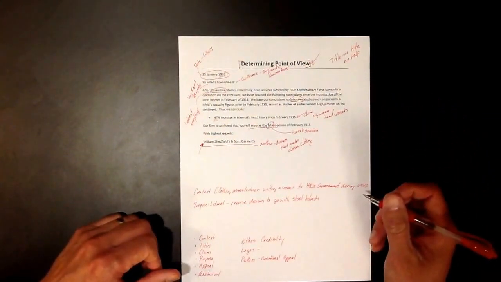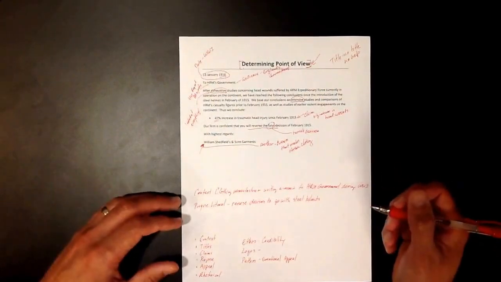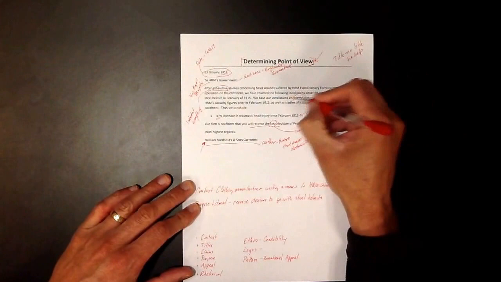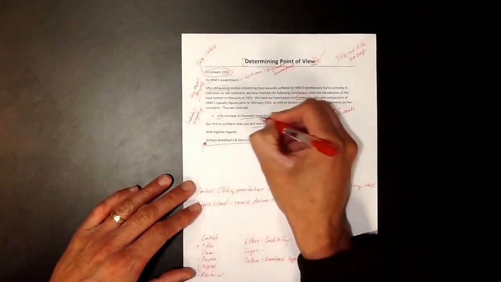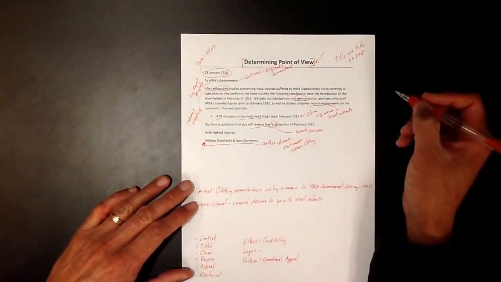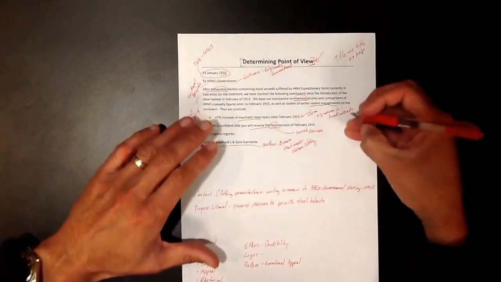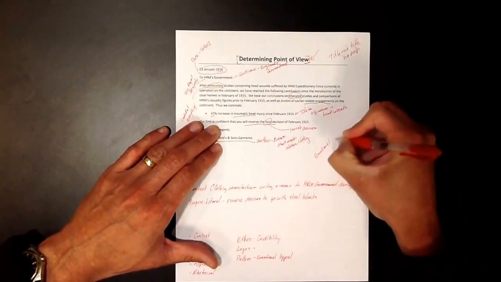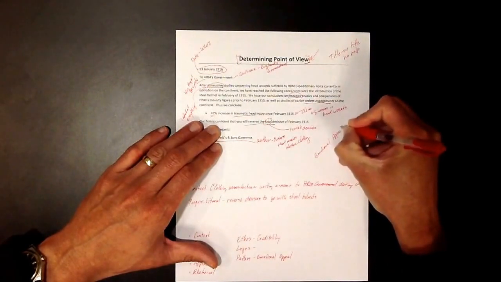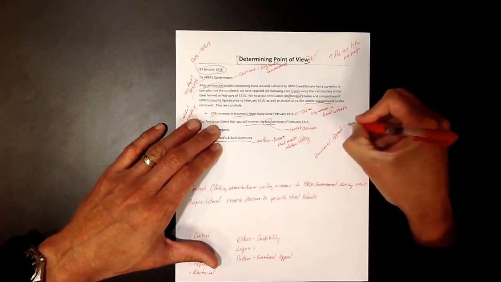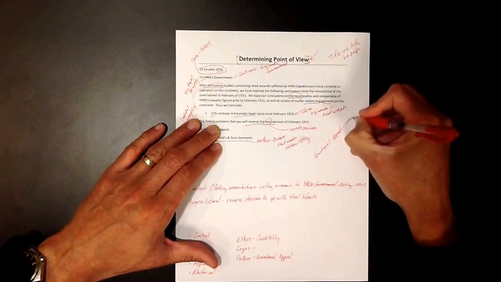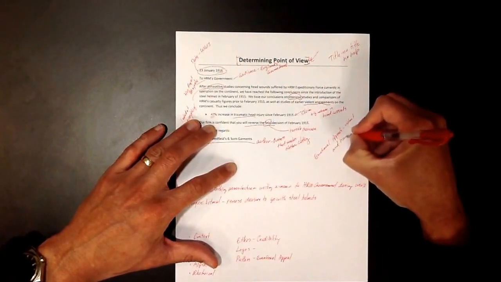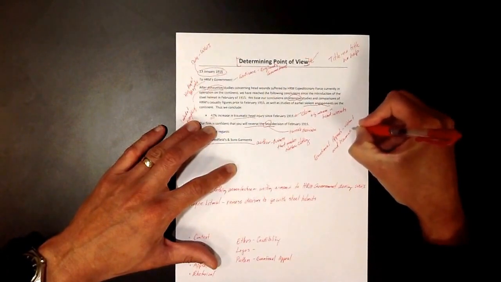are they making any emotional appeals here? Violent engagements, intensive studies, traumatic head injuries. Okay, I think they're probably making some emotional appeals here of how violent and traumatic this is.